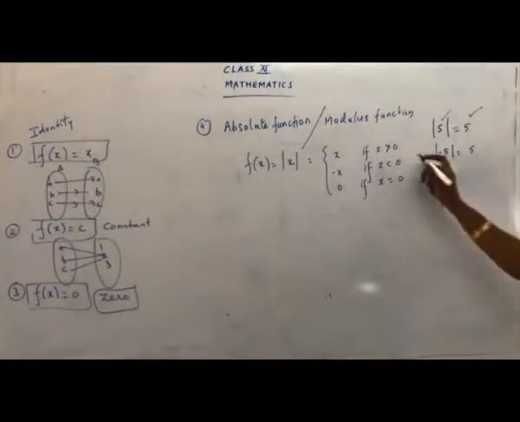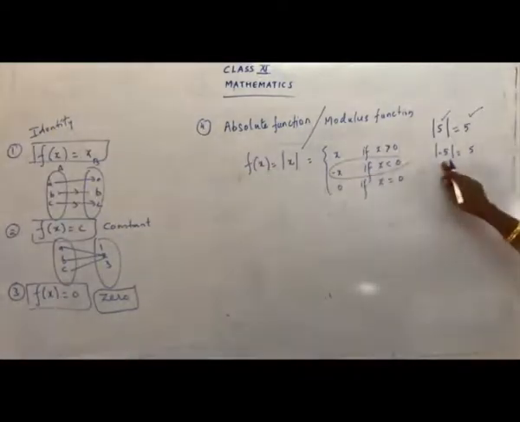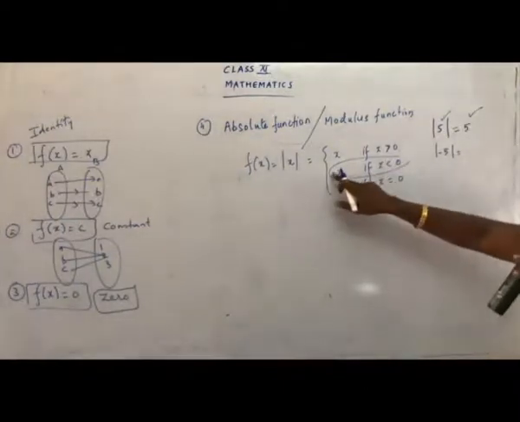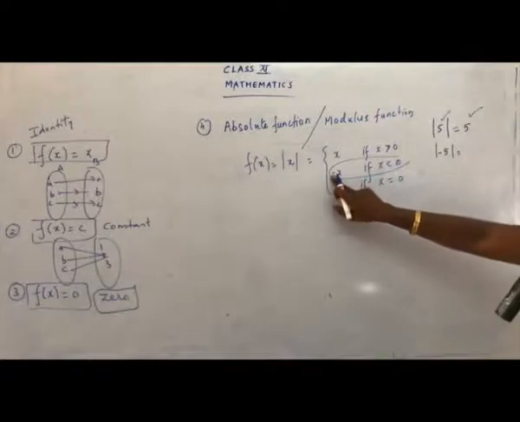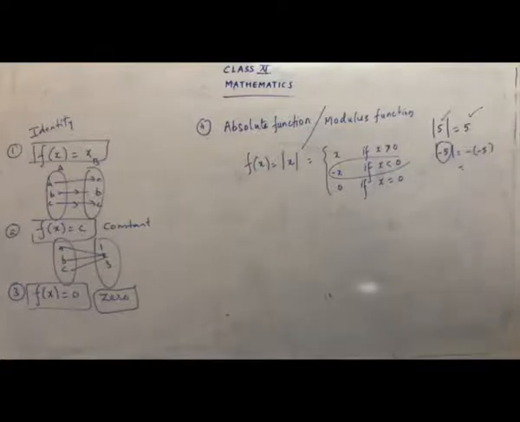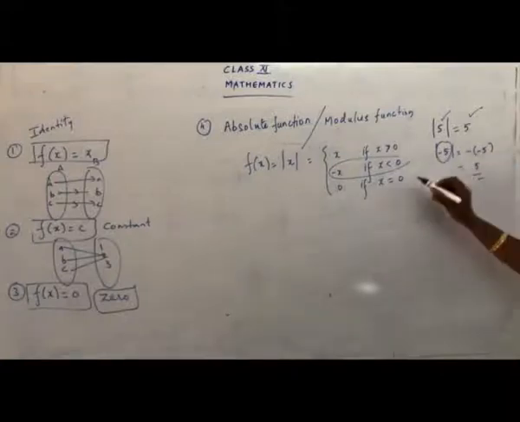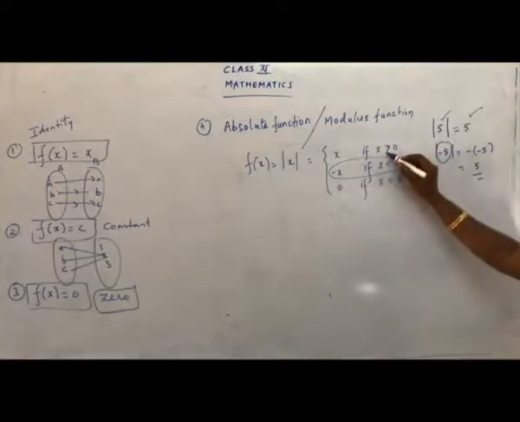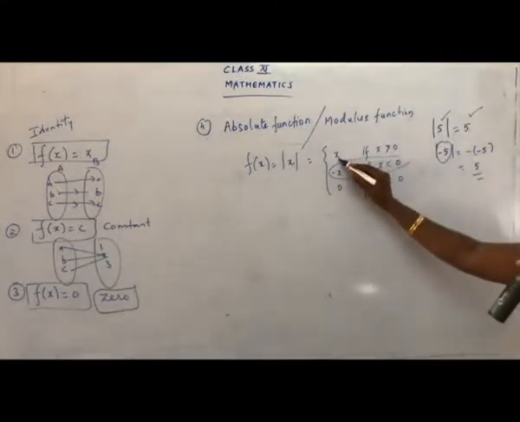See here, I'll give you this explanation. If it's minus 5, what is the answer? If it is less than 0, it is taken as minus of x. And what is the x here? Minus 5. So what do you get? Minus of minus 5, plus 5, yes. So if x is positive, the answer is x.